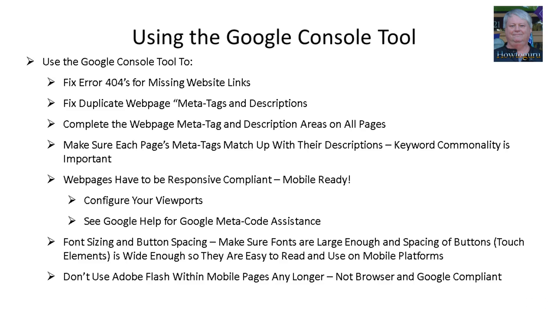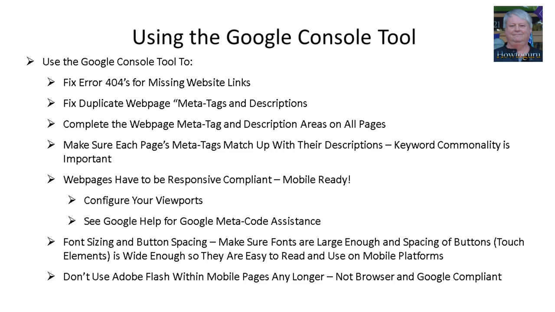Google does not like duplicate pages with the same metadata in place. There were several web pages where I had become lazy and had not filled out complete descriptions in the metadata area. There were a few pages where the meta tags did not match up with the page titles and descriptions. This again as a result of copying new pages from old ones and forgetting to update the meta tags or the descriptions on the titles. In any event, they were all out of sync.